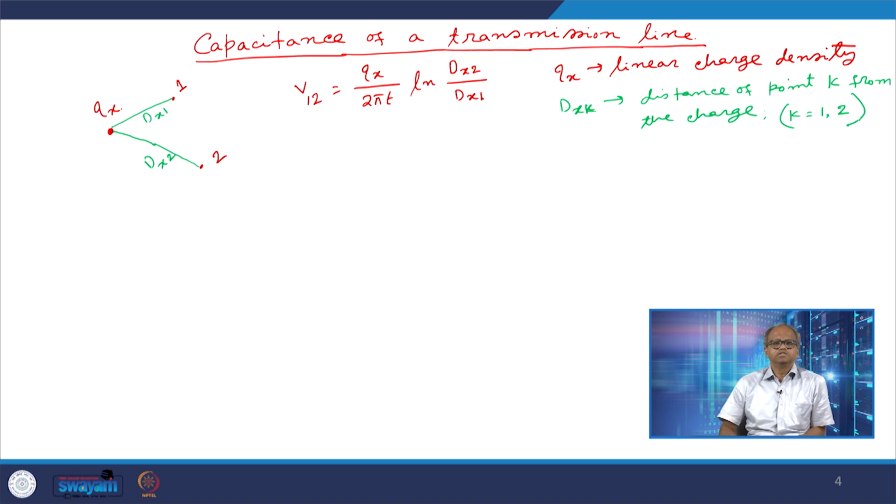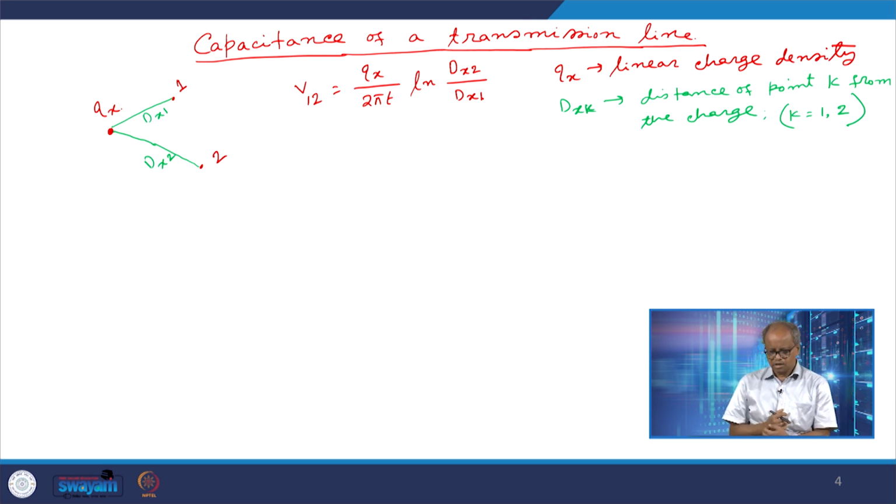So this relation is the fundamental relation, and we are going to use this relation. We are of course not going to derive this relation, because we have already studied it in our fundamental electromagnetic field theory.